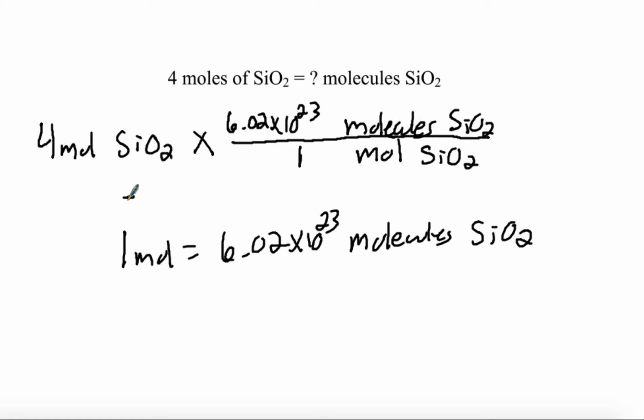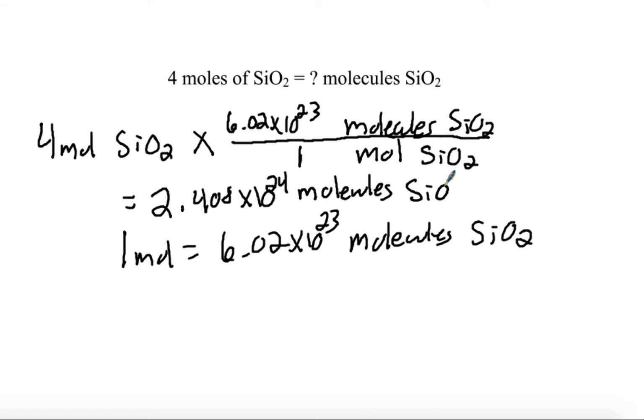So our math basically comes down to 4 times 6.02 times 10 to the 23 divided by 1, which gives us 2.408 times 10 to the 24 molecules of silicon dioxide. Okay, so again, we're just setting up the units correctly. That's probably the most important part here, and the rest will kind of work itself out. If you set up the units, you really are lessening the chance of making a silly error.